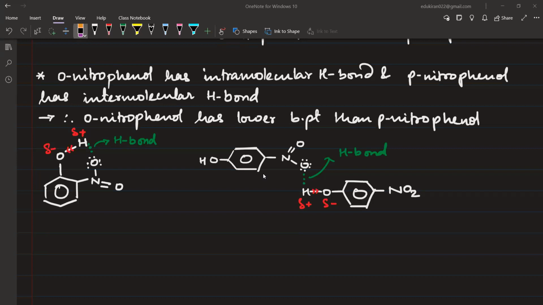Whatever hydrogen bond is happening, that is happening inside one molecule itself. So there will obviously be no force of attraction between two molecules of O-nitrophenol. And that is why it will have lower boiling point, and the p-nitrophenol will have higher boiling point. Alia, Aisha, Hafsa, Mariam, Parker, and Khatun, all of you understood this? Yes or no? Please tell me. Yes, sir.